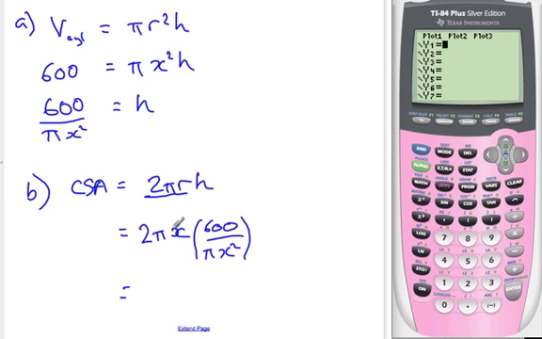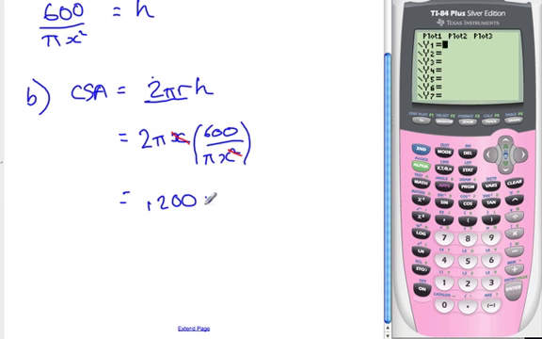So we've got an x. Let's just get a different colour. I can cross off an x on the top and an x on the bottom, so divide top and bottom by x, and so I get left with 1200, that's 600 times 2, times pi, actually, we can also simplify, knock off those pi's, one on the top, one on the bottom.